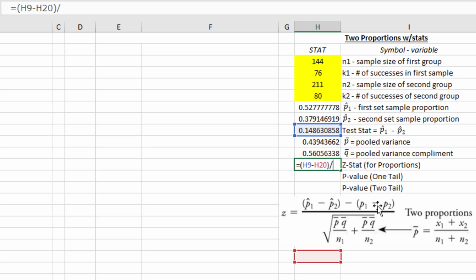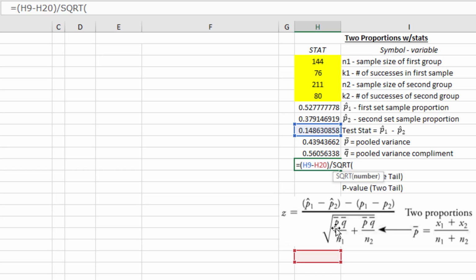And then divide by square root. Square root of what? Well, square root of all this fun stuff. And again, fractions. So we would normally have to worry about parentheses, but because it's all just multiplication and division, we don't have any addition or subtraction.